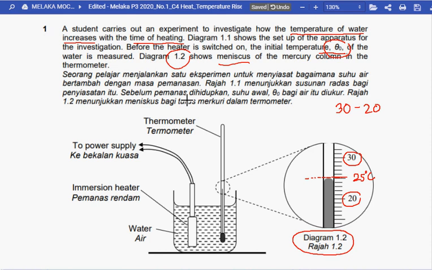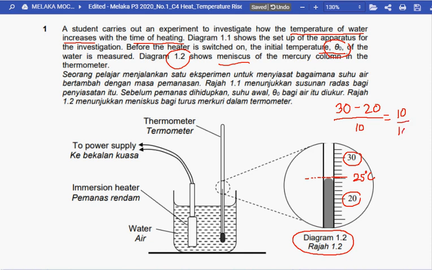How many divisions are there between 20 and 30? From here we can count: 1, 2, 3, 4, 5, 6, 7, 8, 9, 10. So it means divide by 10 divisions. So 30 minus 20 is equal to 10.